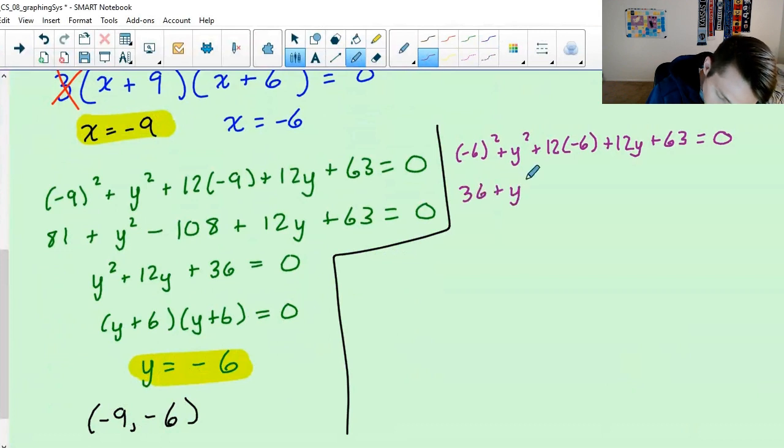Did that in my head, so it's probably wrong. Minus 72. I did that in my head, so it's probably wrong. Plus 63 equals 0.